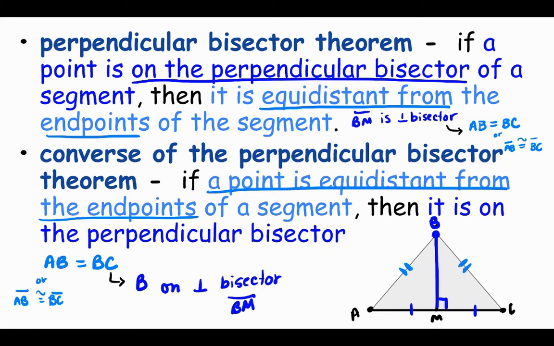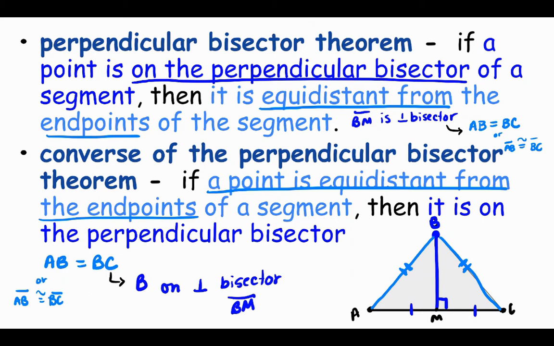Our endpoints of the original segment are at A and C. So we're told that we have a perpendicular bisector, and we're going to get those equal distances. From B to A is exactly the same as B to C. Keep in mind that by our definition of congruent, because those are equal distances, those segments will be congruent.